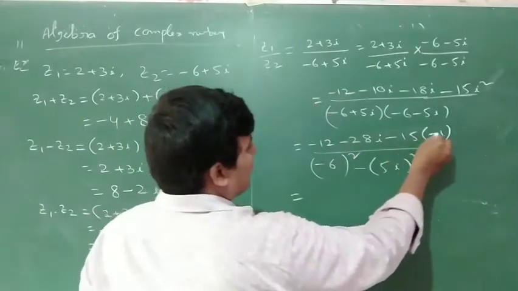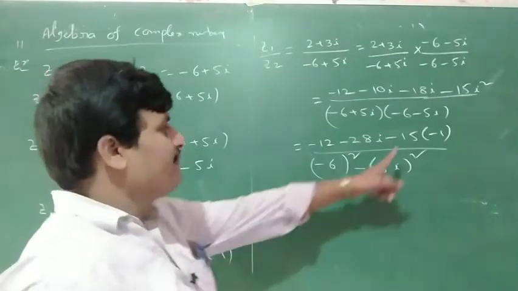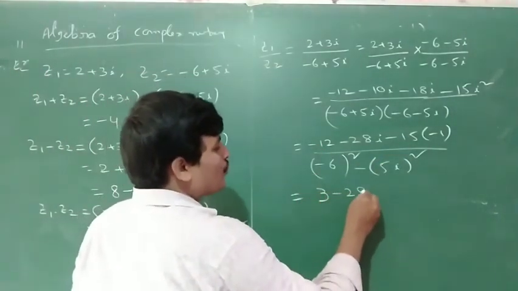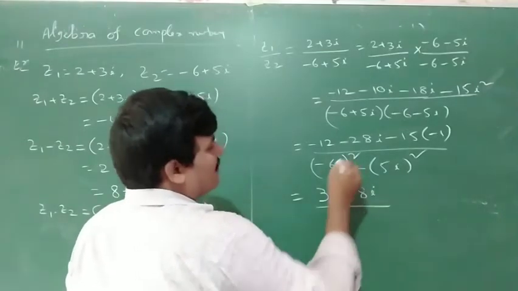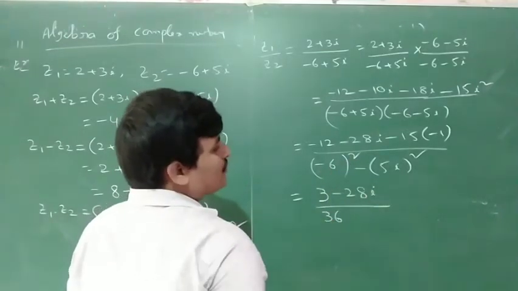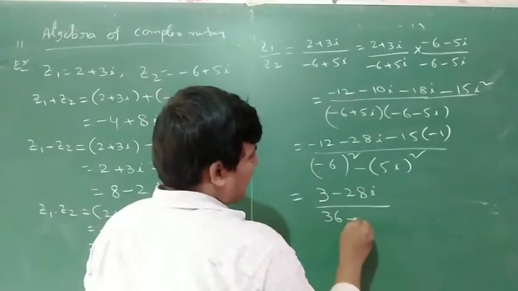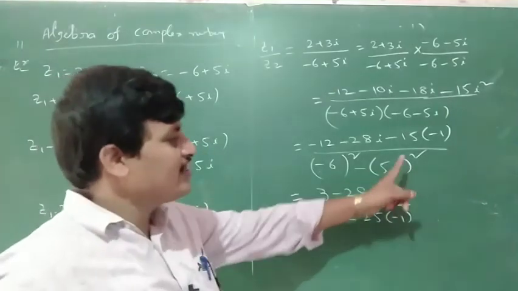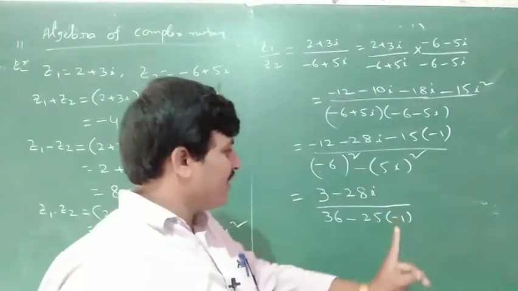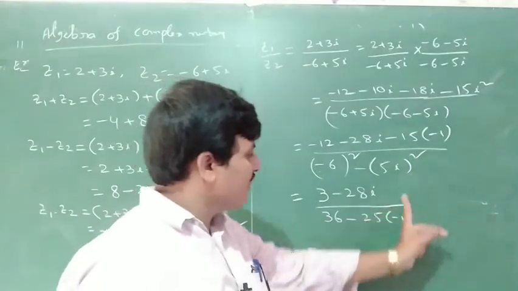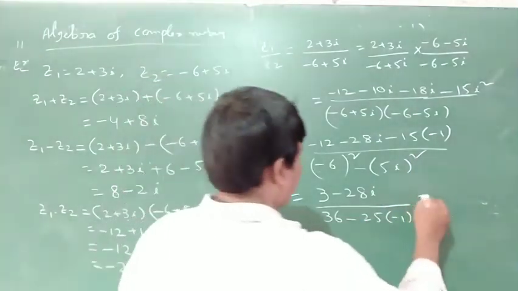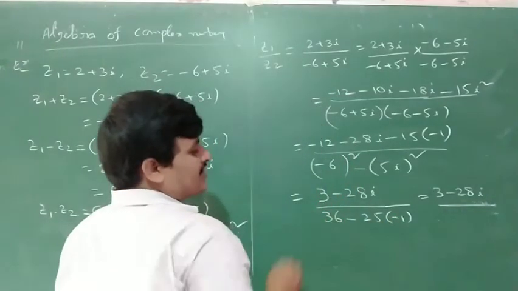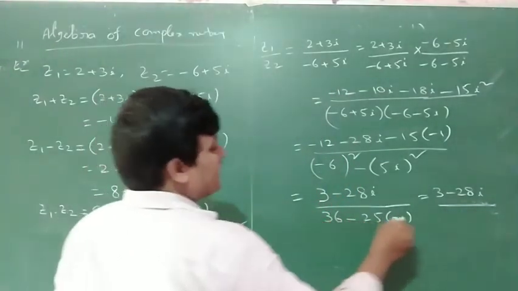Minus into minus plus 15, minus 12 plus 15 is 3, minus 28i, by minus 6 whole square, 36, minus 25 i square, where i square value is minus 1. 5i whole square is equal to what? 5 square i square. 5 square is equal to 25, i square is equal to minus 1. So that is equal to 3 minus 28i by 36 plus 25, which is 61.